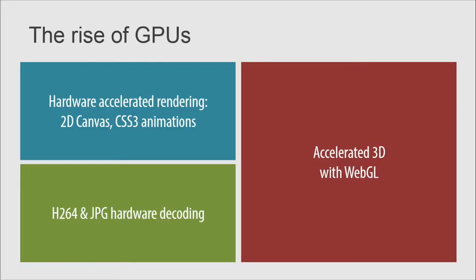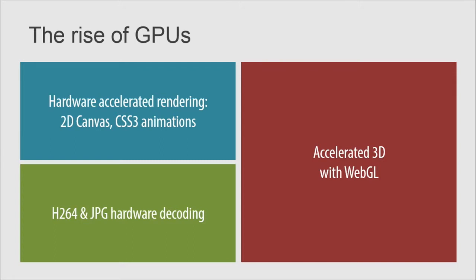Just one thing before we move to the next chapter, David, is that the rise of the GPU is everywhere. When we look at the history of browsers, we can see that Microsoft, Mozilla, Google, we all think about trying to move a lot of things from the CPU to the GPU in order to get better performance.